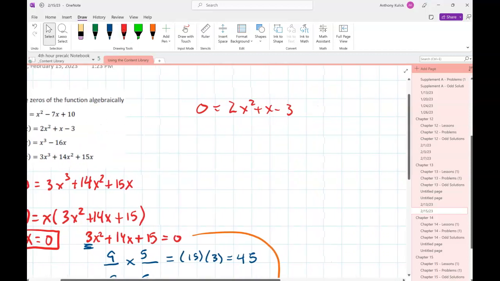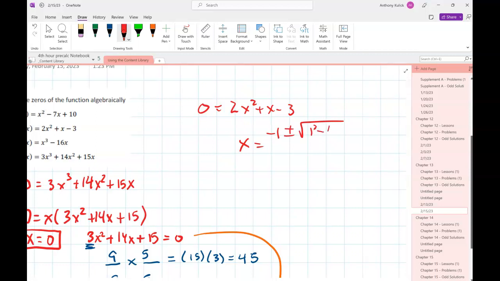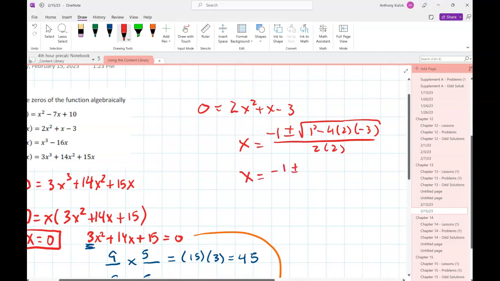Okay. So I have x equals negative b plus or minus the square root of b squared minus 4ac all over 2 times a. So that's 1 minus 20, or minus a negative 24.